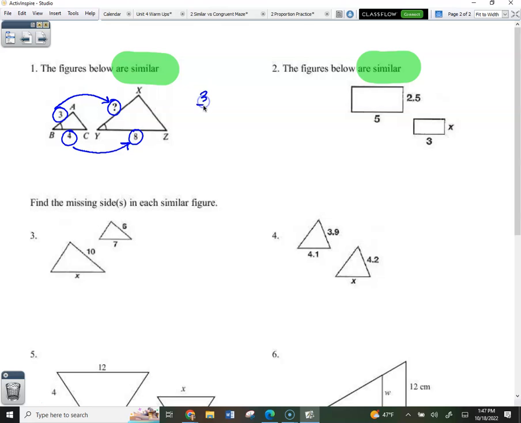So 3 compares to the question mark. Can we call it a variable? Yeah, like an X. As 4 compares to 8. Now cross multiply to solve. Dude, that's simple. Because you're multiplying the 4 by 2 to get 8, so you multiply 3 by 2 to get 6. Very good.